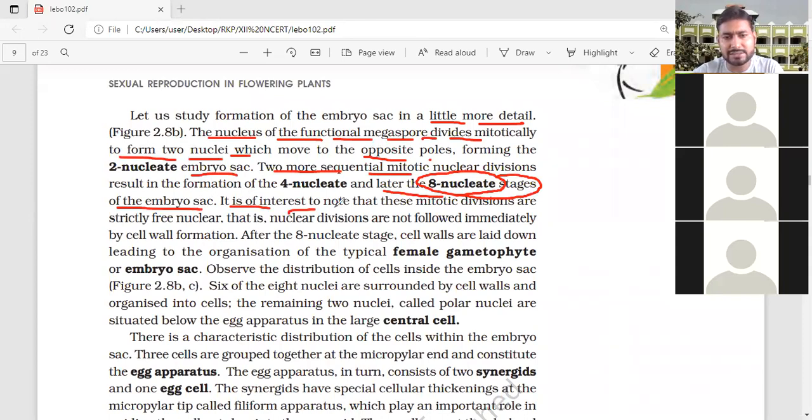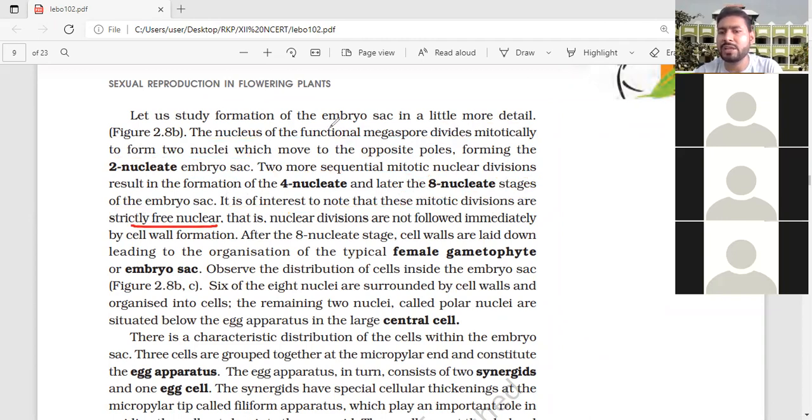It is of interest to note that these mitotic divisions are strictly free nuclear. The mitotic division happens, but no cell is formed. Free nuclear division means only the nucleus forms, not the cell. Why is it of interest?